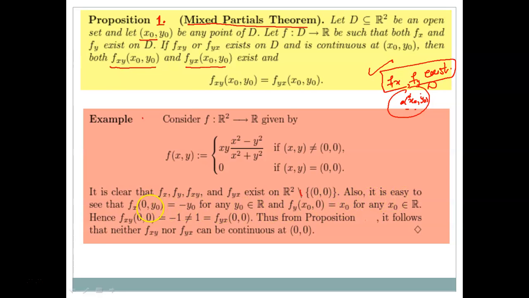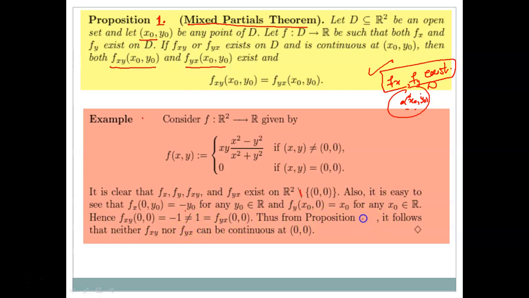It is easy to see that if you find the first order derivative fx and put x0 equal to 0, we get minus y0. And if we find fy at x0 and we take y0 equal to 0, that is equal to x0. So hence we can say that fxy at (0, 0) is equal to minus 1, but fyx at (0, 0) is equal to 1, meaning they are not equal.